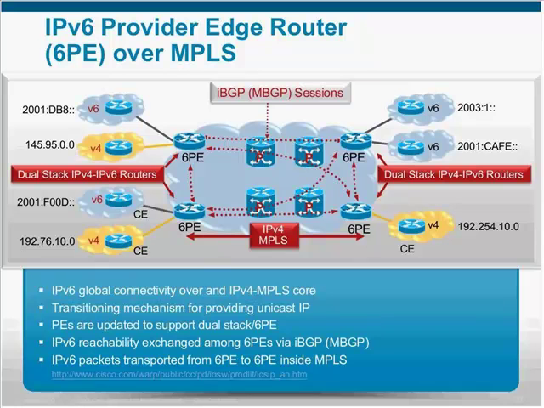The 6PE would take that IPv6 traffic and encapsulate it into a label switch path, or LSP. This would take the traffic throughout the core as MPLS traffic to the egress 6PE, which would remove the remaining tag and forward the traffic to the customer side natively.